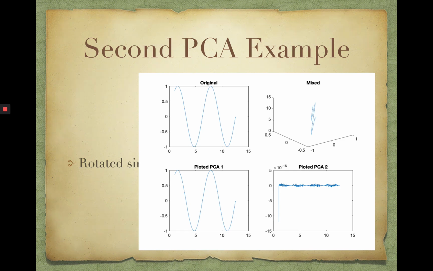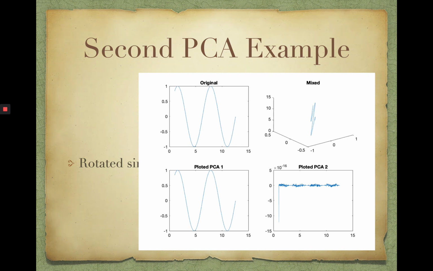So I calculated exactly the same way I did before, and I just plotted the first principal component the exact same way I did the other. So I literally took this mixed signal, calculated its SVD, and then plotted the first component, the first singular value and its singular vectors. And what I get is what you see on the left.